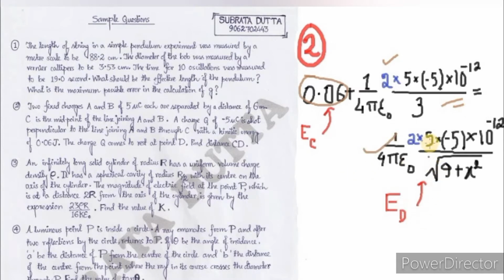At point C the distance between the charges is 3, and at point D the distance is root over 9 plus x square. For two charges, the blue highlighted line indicates 2 is multiplied due to 2 plus 5 microcoulomb charges, and equating this we are getting x equal to 4 meter, which is our required answer.